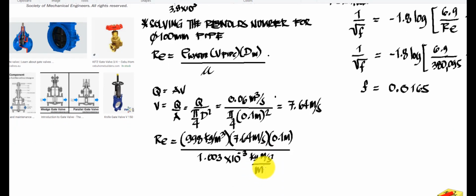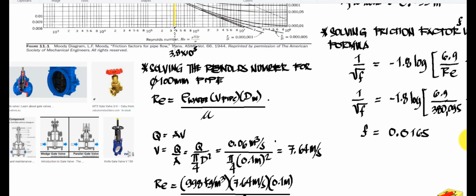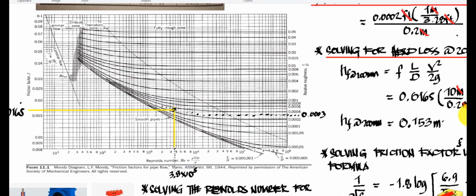Checking that one, we're on the right path.